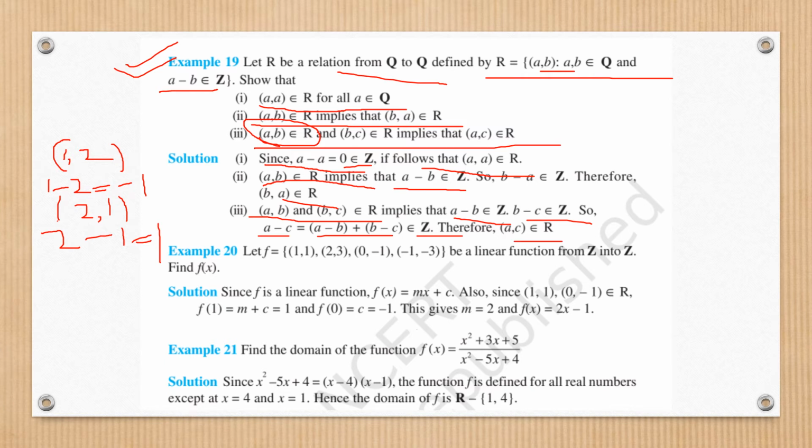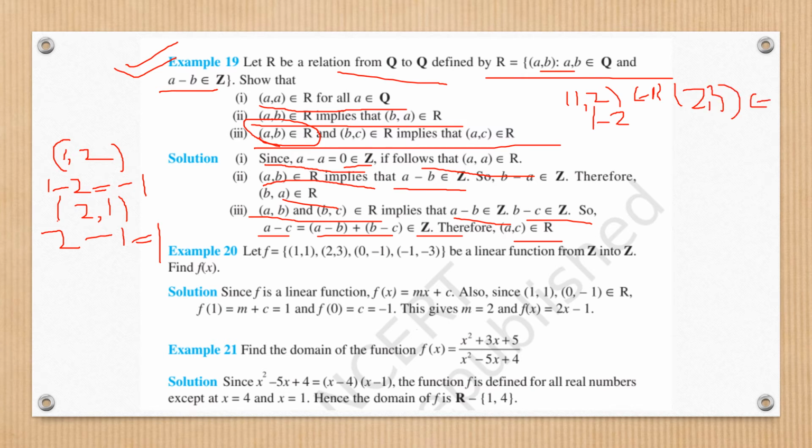So you can do it with the help of an example also, right? We take say 1, 2 belongs to R, right? So this is AB belongs to R. And BC means, say I take 2, 3 belongs to R, right?